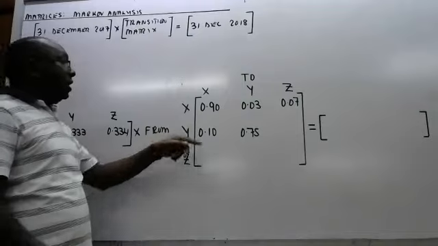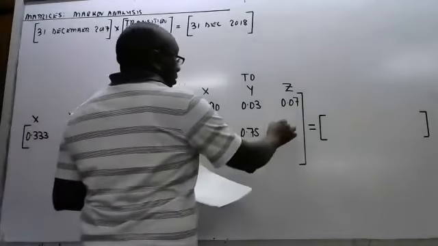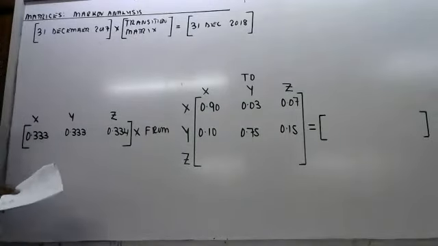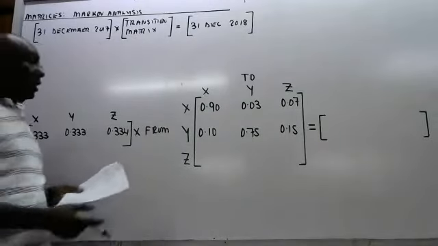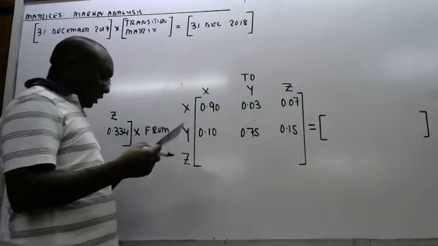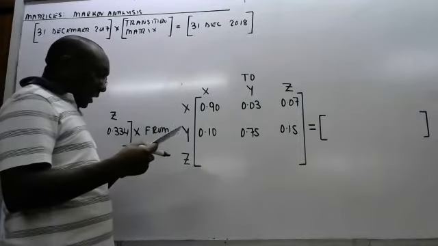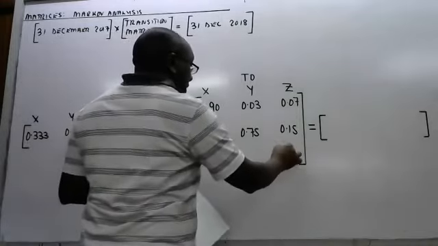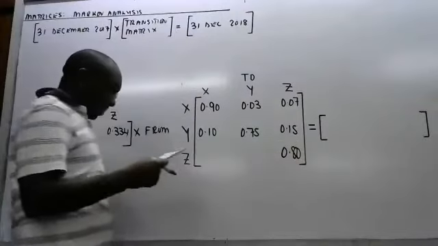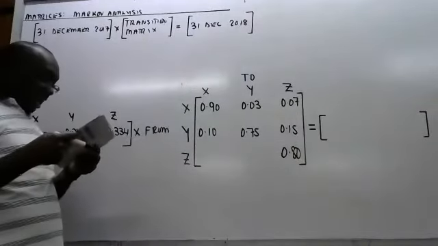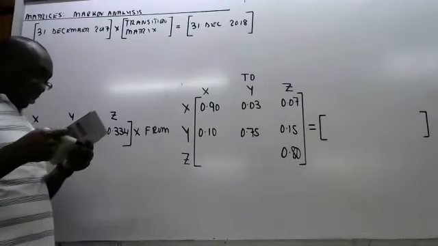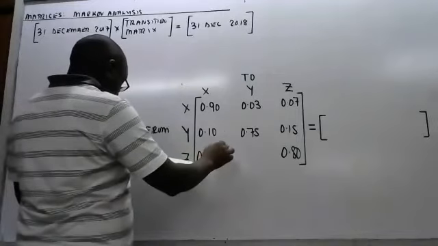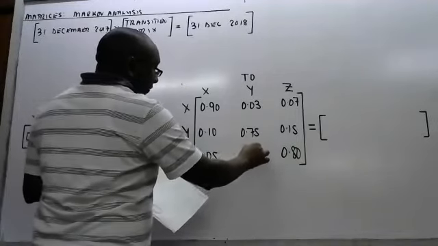And from Y to Z is 0.15. And then we are told Z had retained 80%. So Z to Z, 0.80. And then it lost 5 to X, so 0.05, and 0.15.